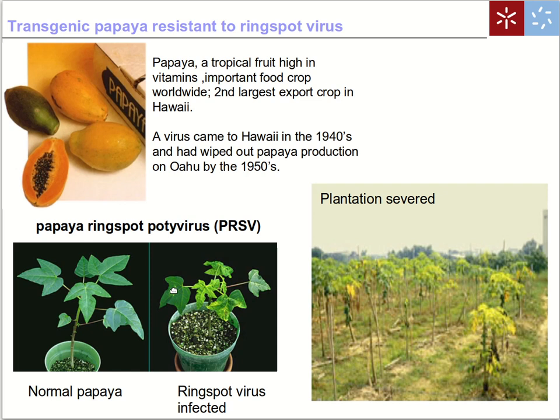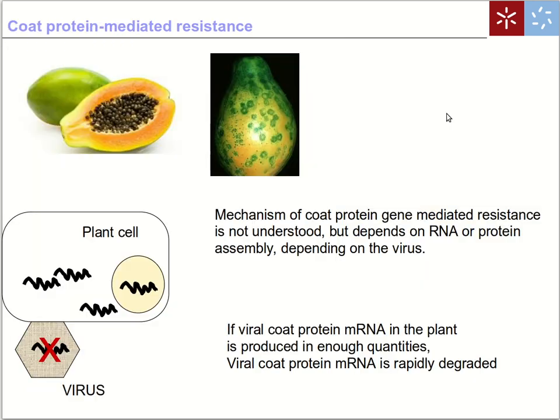You can see the spots here on the leaf. This plant will not produce any papaya at all, or very little of it. And you can see here how bad this is for the plantation. This is a big economical problem because papaya was a huge export for these islands.